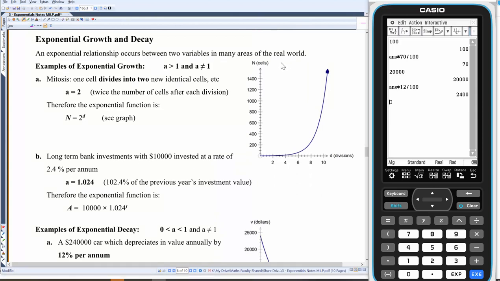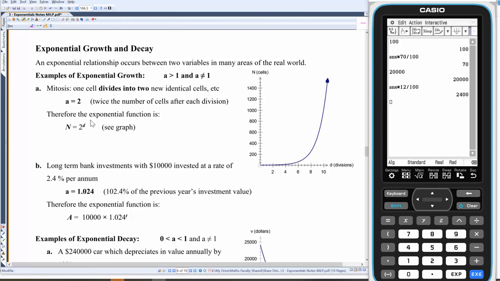Okay, so now to have a look at some real life examples of exponential growth and decay. And what we've got here is, again, mitosis makes a comeback. One cell divides into 2 cells, where A, our exponential factor, is 2. And what we've got here is the graph of mitosis, which, as the number of divisions increases, so too does the number of cells. And what we've got again is this exponential rate of growth, this real kick point.